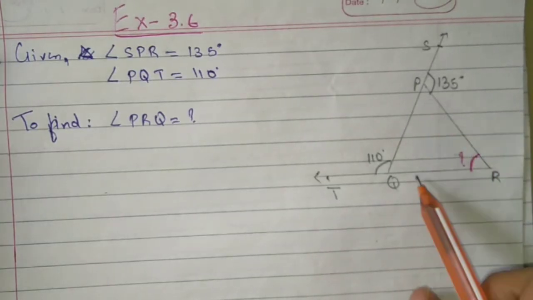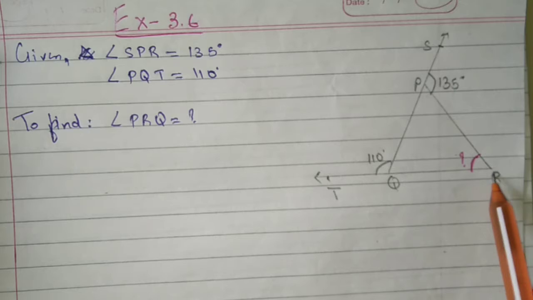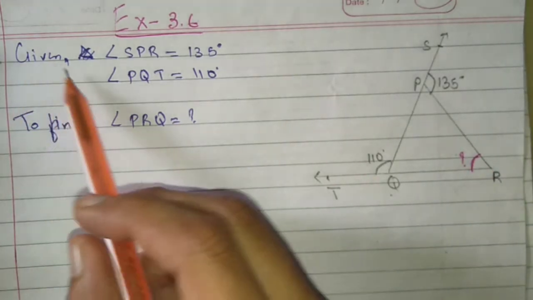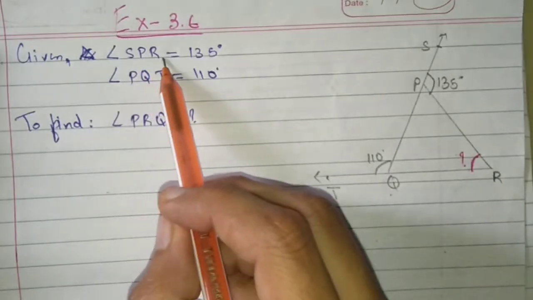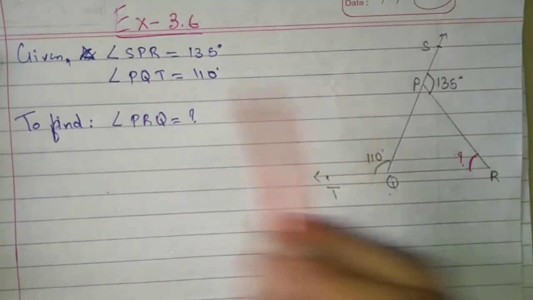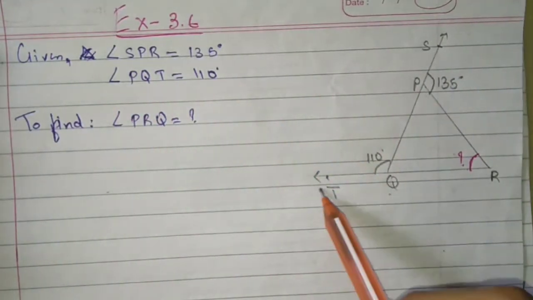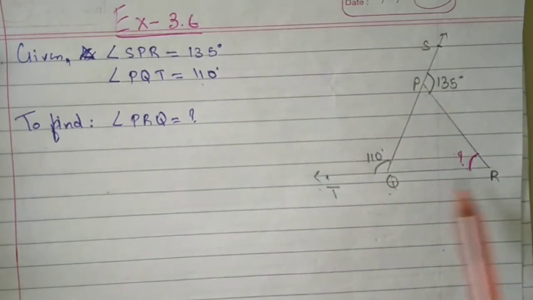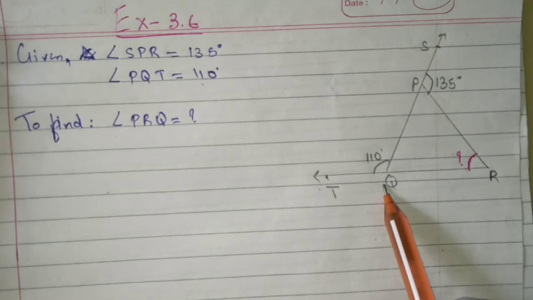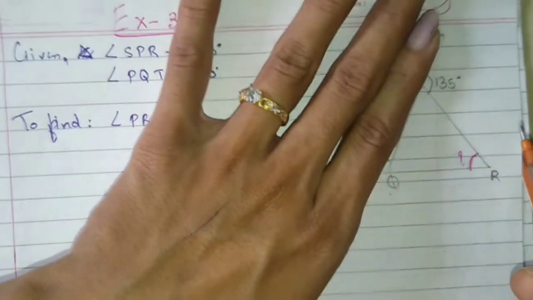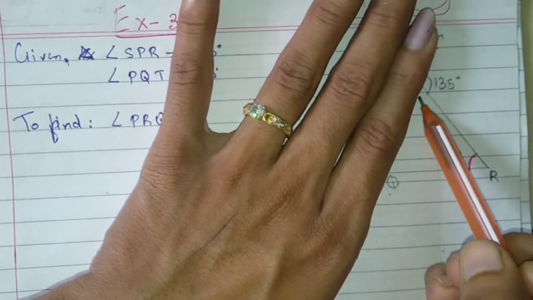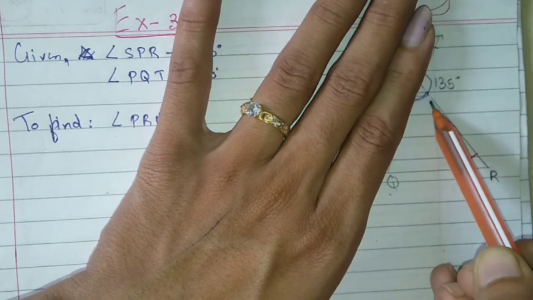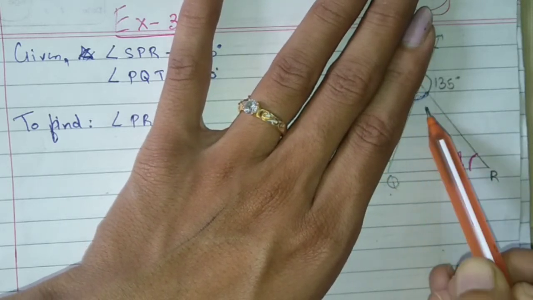Here is the diagram I have drawn, and angle PRQ we have to find, that is the question mark. Whatever is given, I have written: angle SPR equals 135 and angle PQT equals 110. We have to find angle PRQ. Now just see, since it is a straight line, we can find angle RPQ.